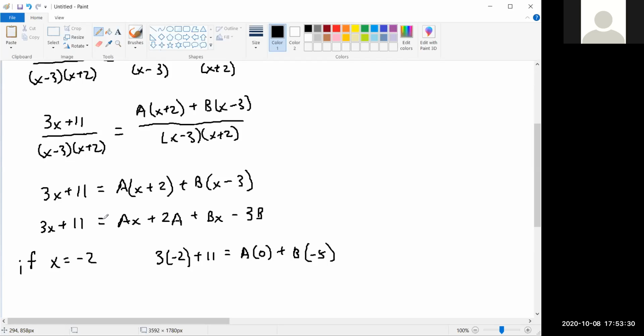So all we did was we substituted -2 for x into this first equation here. So if we simplify this, we will have -6 plus 11, that's 5, is equal to -5B, right?